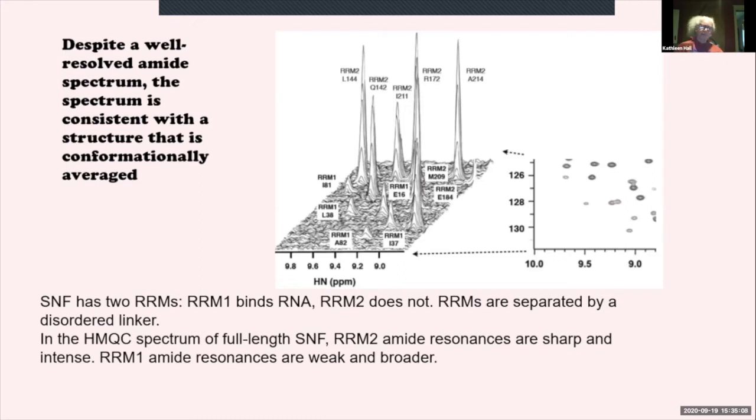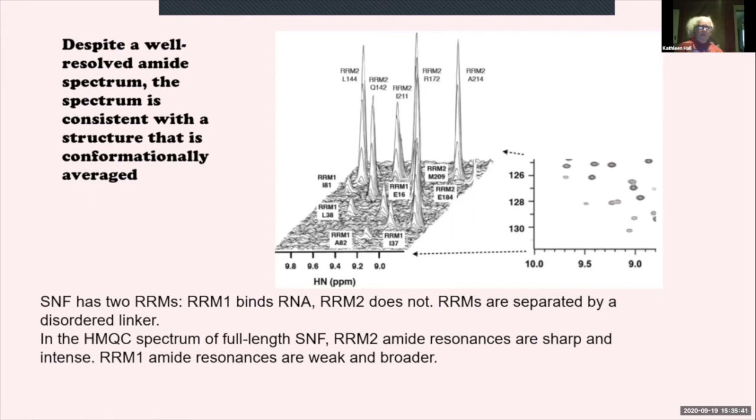And if you look at the intensities and the breadth of the amides, you can see there's a pretty horrendous difference between the two. RRM2, very sharp peaks, very intense peaks. RRM1, very low intensity and very broad. And so looking at this spectrum, you might suspect that something is going on here with exchange.